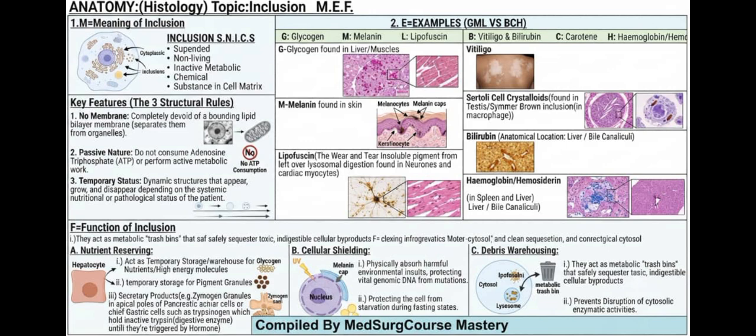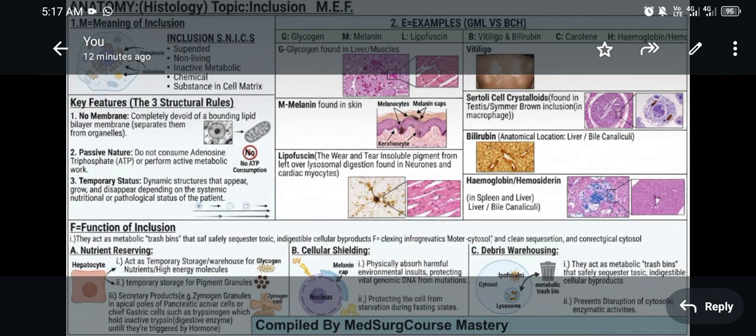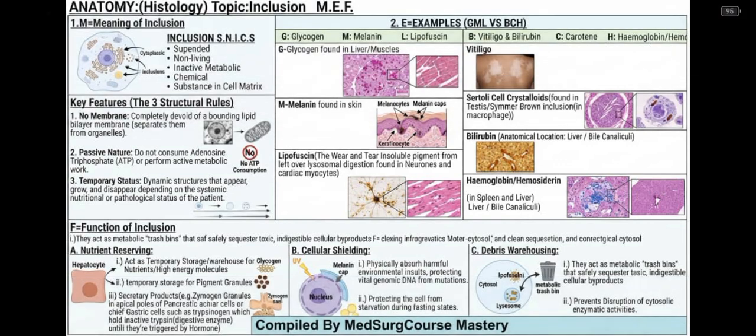What's inclusion? Non-living, inactive chemical substances. Okay, now we are done with the meaning.